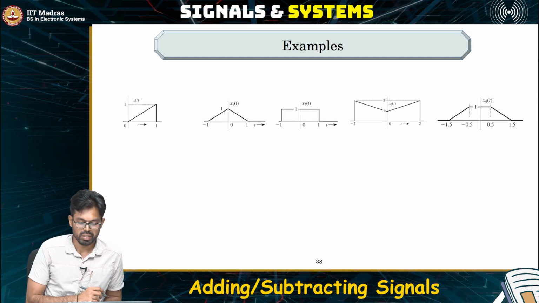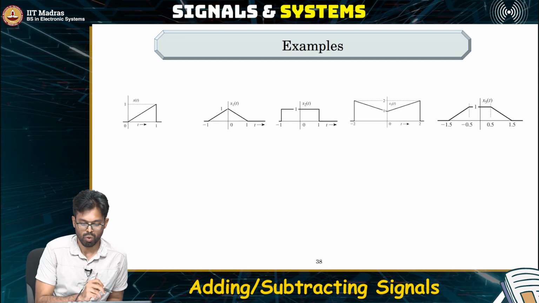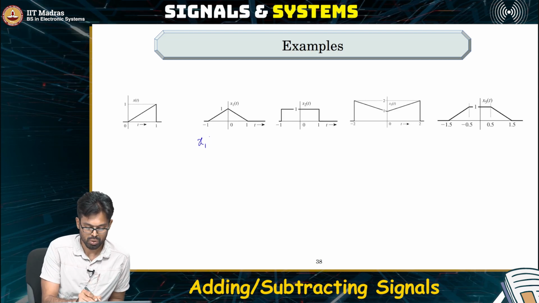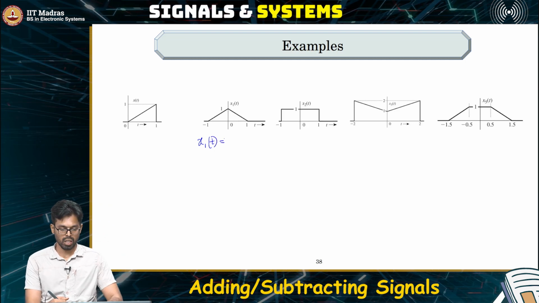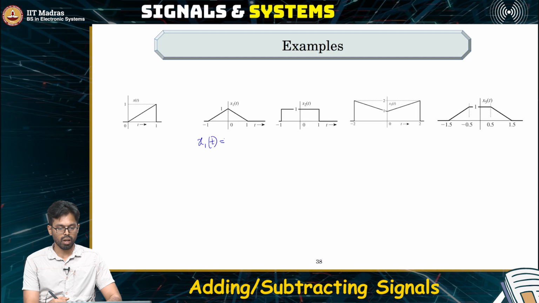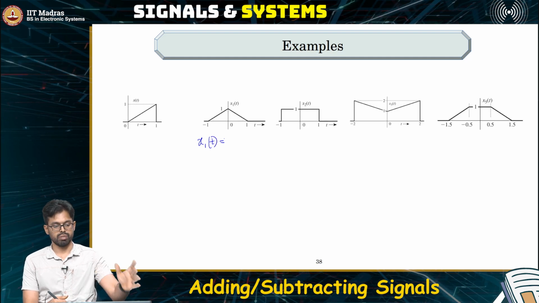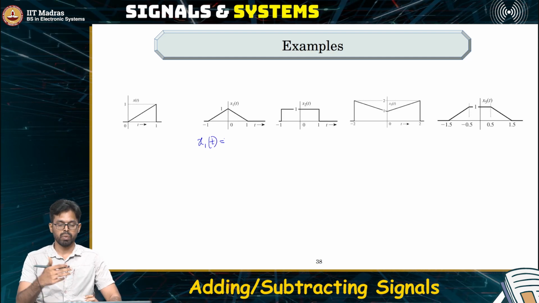So, x of t here is given, and then we are asked to express x1 of t in terms of x of t. So, I should use x of t or multiple components of x of t.